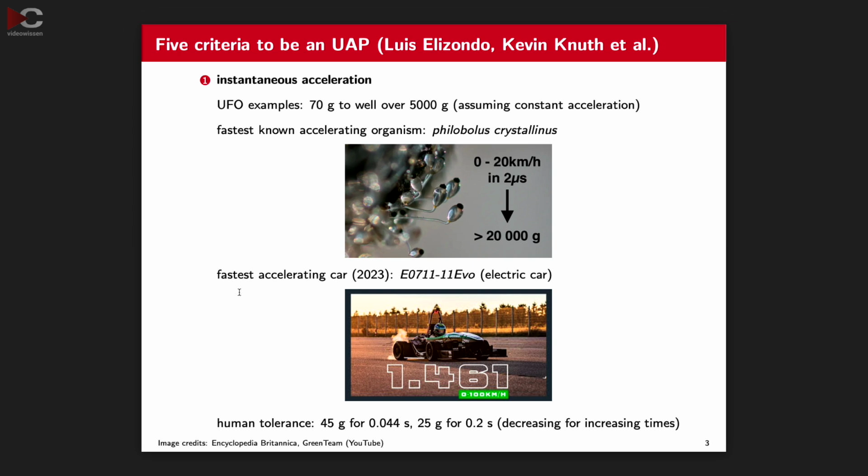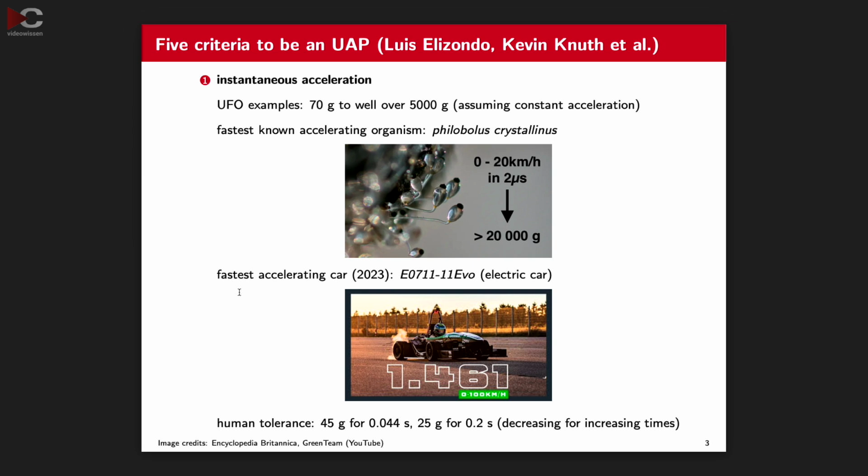But our tolerance to high accelerations is vastly decreasing for increasing exposure time. So turning this argument around, if we take a look at the accelerations that the UFOs show, this means that if these accelerations are for real, then these vessels are definitely not navigated by any human being or not by any carbon-based life as we know it.